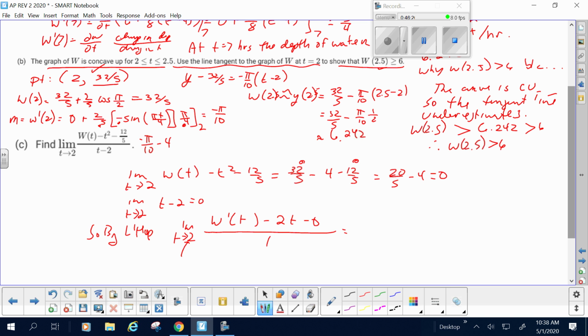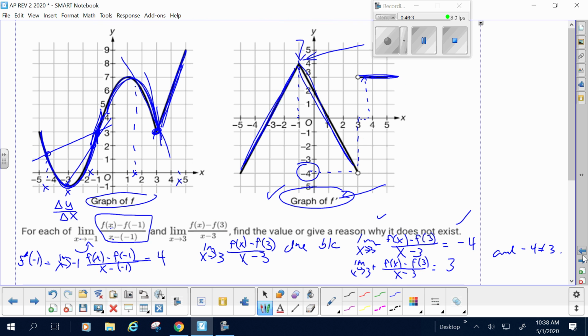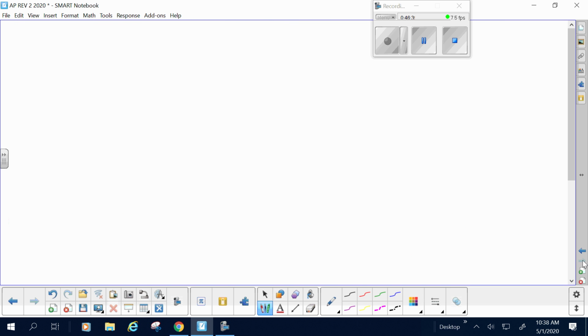W prime at 2 we found in the previous part, that's negative pi over 10. As t goes to 2, negative 2t goes to negative 4, and that's where my answer came from. I believe that is all. That is it.